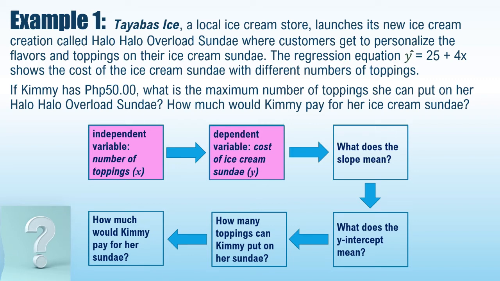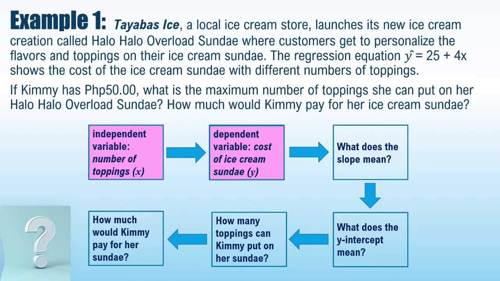Before answering this, let us identify what the slope is first. From the regression equation, y equals 25 plus 4x, we recall from our previous discussion that the slope is the coefficient of x. So we have here 4x. Your slope is 4. And notice that this one is positive.